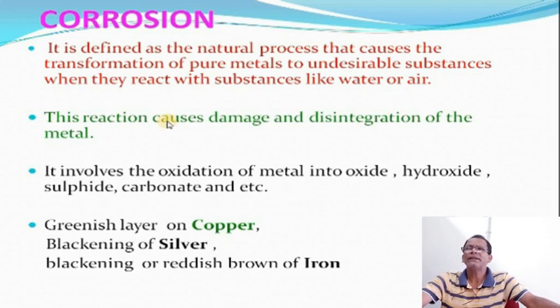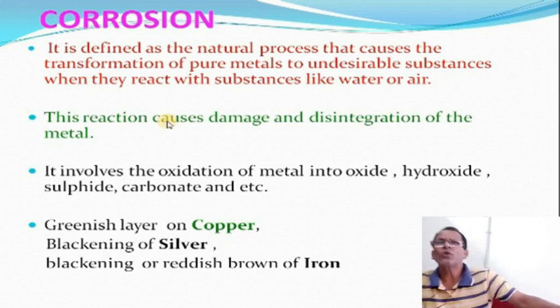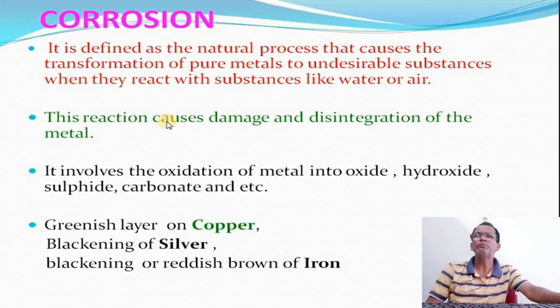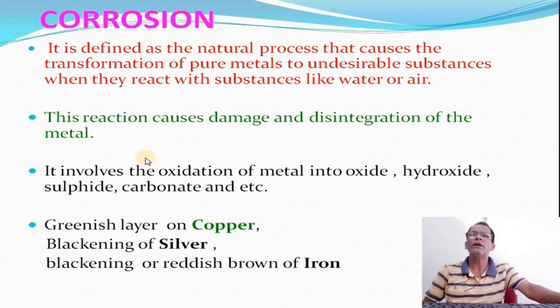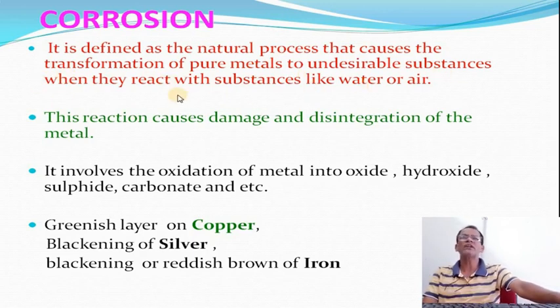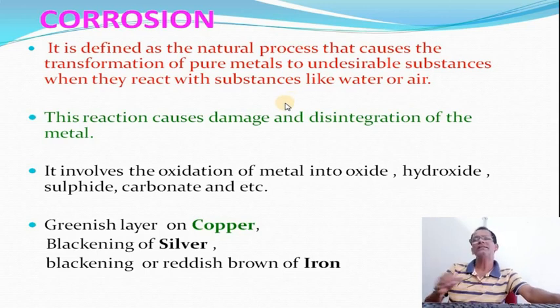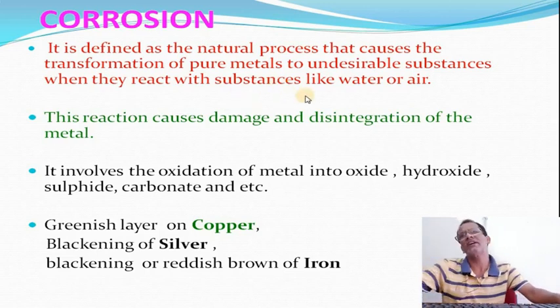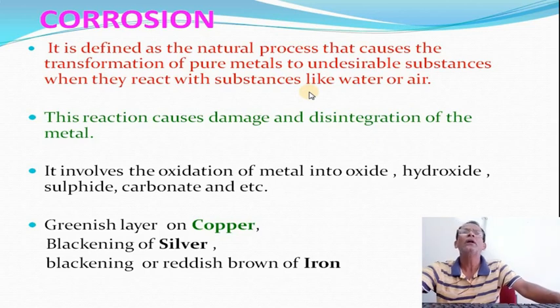Then next is corrosion. What is corrosion? In this process, the metal is transferred to a new substance; an undesirable substance is formed on the surface of the metal when it is exposed to air. A coating of unwanted substance is produced on the surface of the metal.